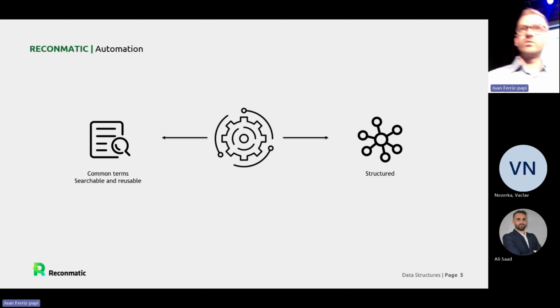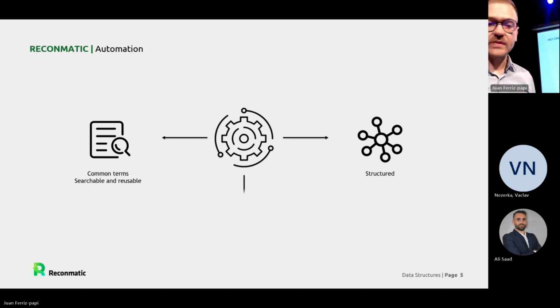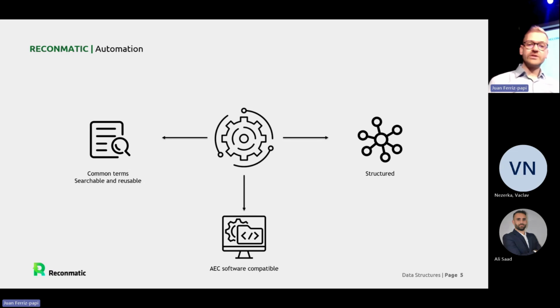That's what we want to represent. And finally, we want it to be software compatible, right? No matter what software you use, it needs to be open so we can actually reuse it. In the end, our aim is to create machine and human readable data sets.